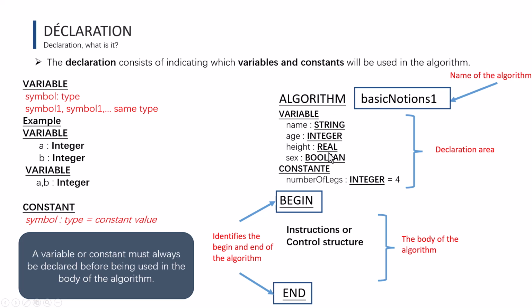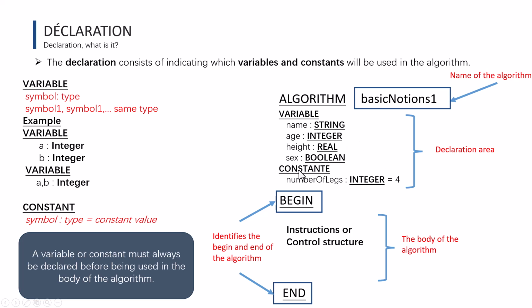Now let's identify where the declaration takes place inside the global pseudocode syntax that we have already seen in the past video. We have the keyword algorithm. After that, we have the name of the algorithm, which also has to respect the camel case notation. After that, we can declare our variables as we have already seen. For our example, we have the name that is a string, the age that is an integer, the height that will be a real, and sex that will be a boolean.